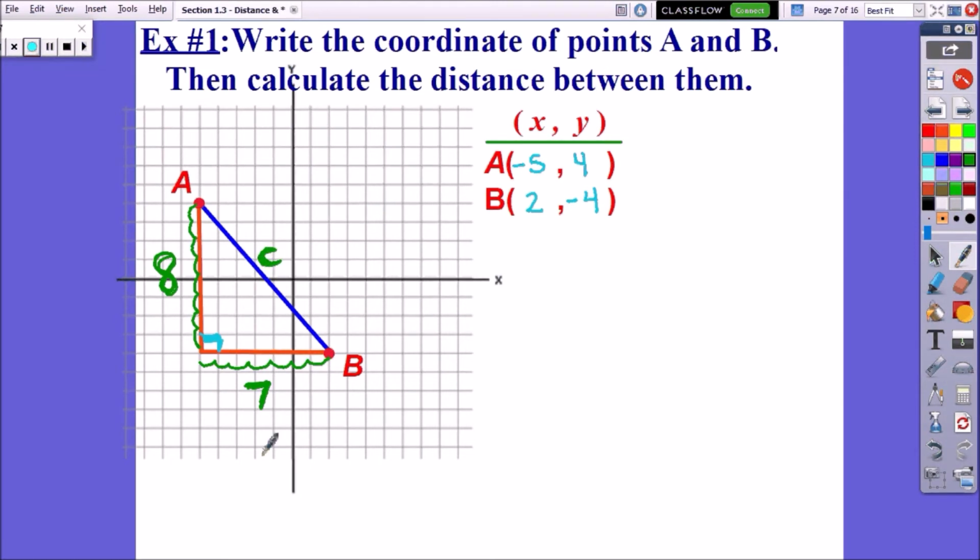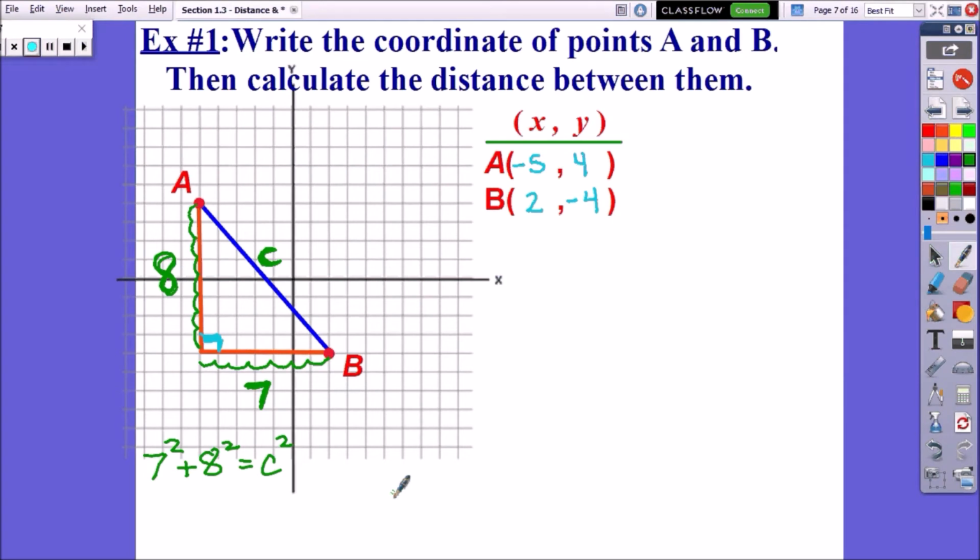And so with the Pythagorean theorem, we would set this up, and I'm not going to finish this, but we'd say 7 squared plus 8 squared, or 8 squared plus 7 squared, it doesn't matter, equals C squared. And we would finish the rest of that problem. But I'm going to show you how we could also get that 7 and that 8 without the use of a graph. And this is where you're going to save yourself a little bit of time. But I'll show you how all of this comes together in the next slide.